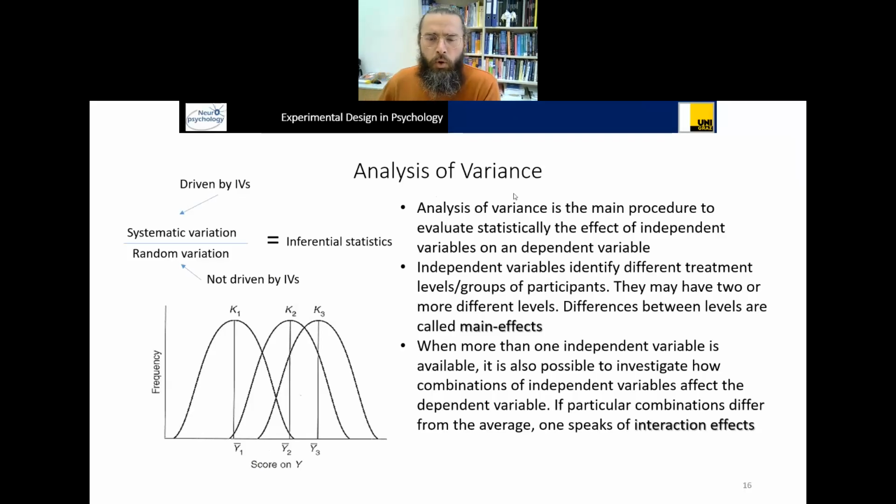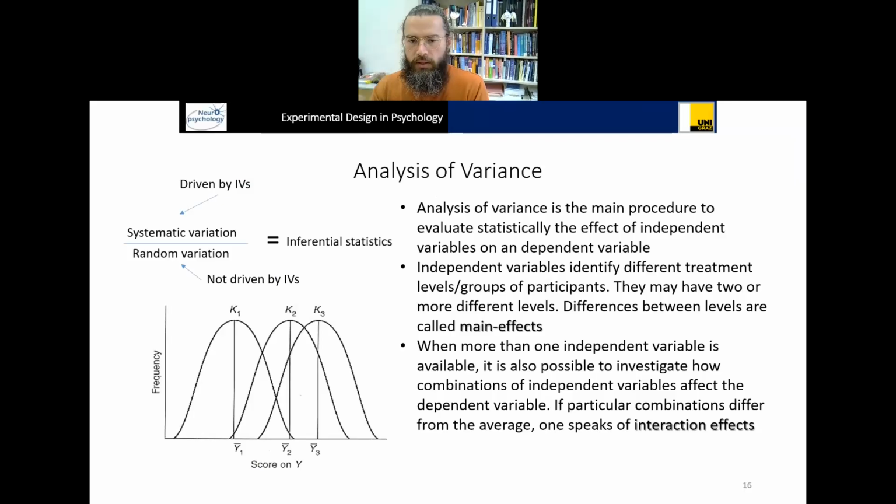Analysis of variance works in the simplest case with just one independent variable and two levels, so group 1 and group 2. This is the most elementary design you may have, but usually you may have more than just one independent variable. Typically you have 2 or 3, so this is not unusual.